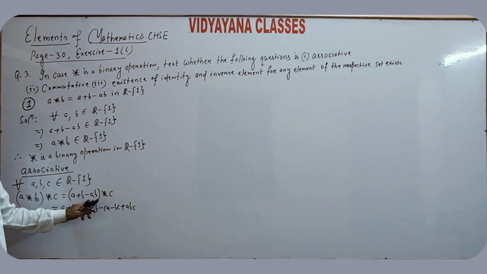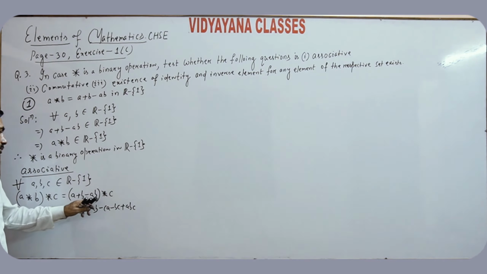It is taken as A, it is B, A plus B, that means A plus B minus AB plus C.